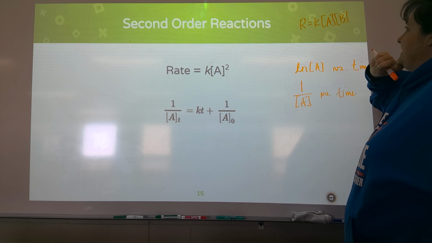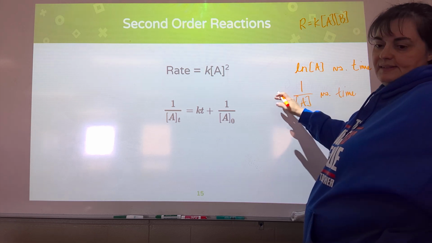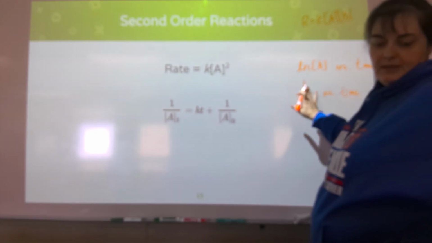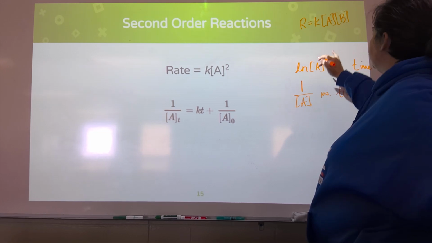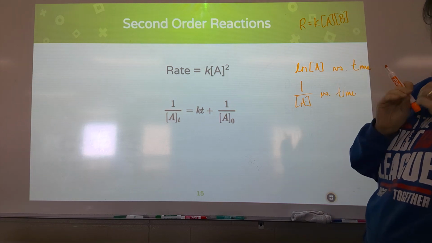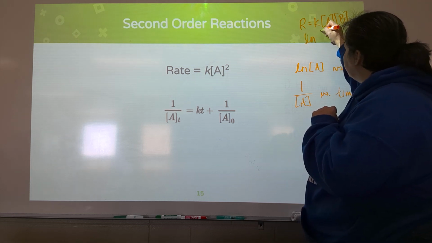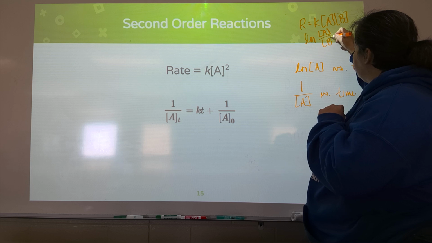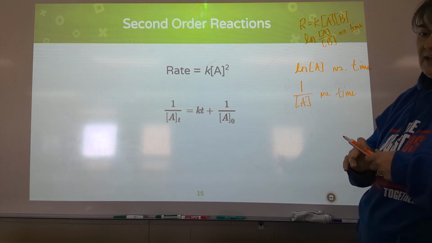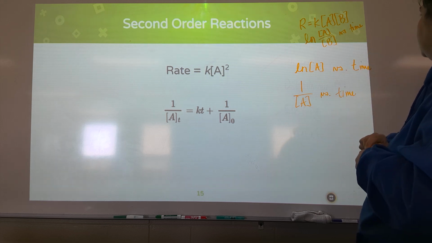So together the overall reaction is second order, then we would have to graph the natural log of the concentration of A over the concentration of B versus time, and if that gives us a line, then we know that it is second order.